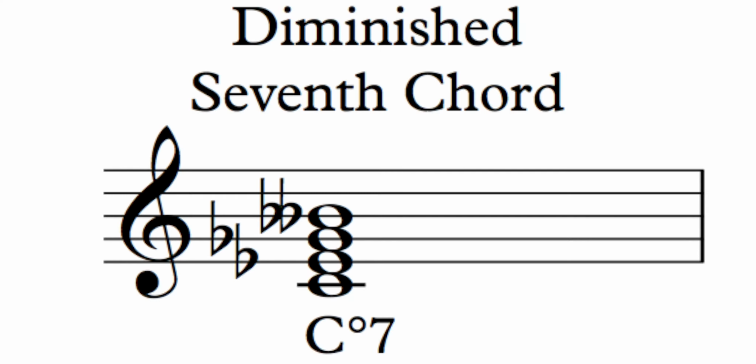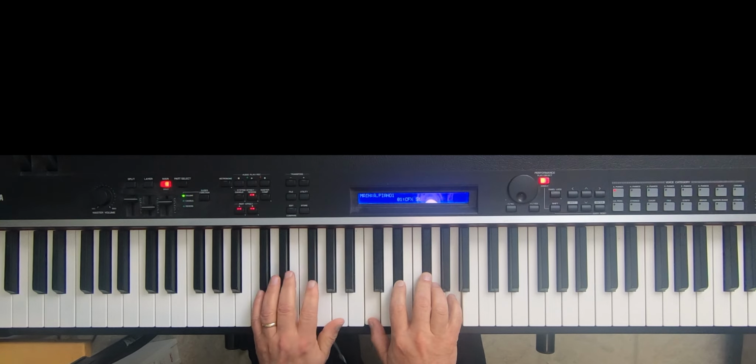We have the notes C, E flat, G flat, B double flat. I'm not sure we have encountered double flats before, but basically you start on B and go B flat, B double flat. Then you can see how it's notated, written as a small circle followed by a 7.